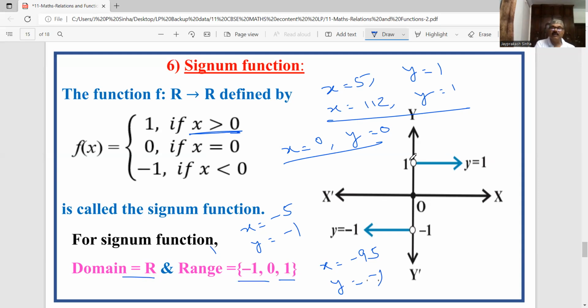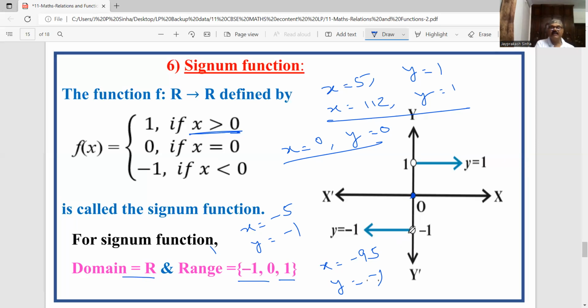It means here when you draw the graph for Signum function, you will get this. This is a closed dot, a solid dot. This is when x is equal to 0, y is equal to 0. When x is equal to 5, then y is equal to 1. Take any value for x, y is equal to 1.